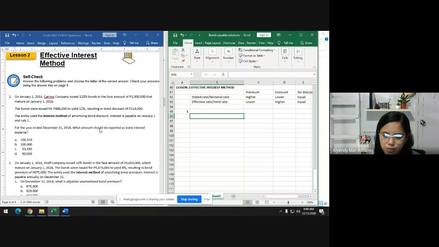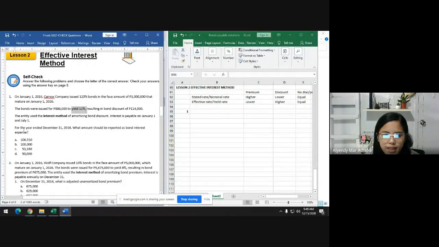Okay, question. For the year ended December 31, 2016, what amount should be reported as bond interest expense? Okay, the question is the interest expense.